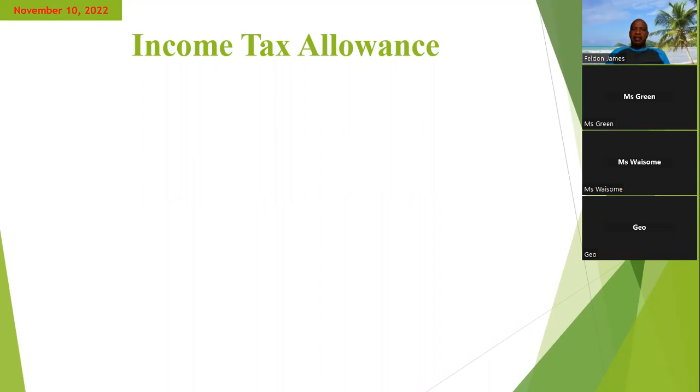All right. So income tax really is you paying back money out of your salary to government. So what you earn as your salary is your income. But oftentimes government taxes your income. So even though you're earning money for yourself, government wants back some percentage of it as tax.